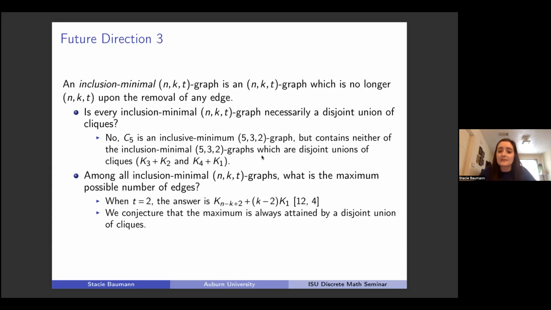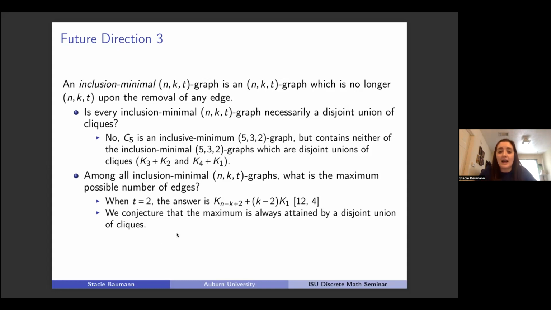And there is a counterexample to that. If you look at C5, this is a 5-3-2 graph. I think that was my very first example. But it isn't one of the inclusive minimum 5-3-2 graphs that are a disjoint union of cliques. It's still inclusive minimum, though: if I remove an edge, it's no longer 5-3-2.